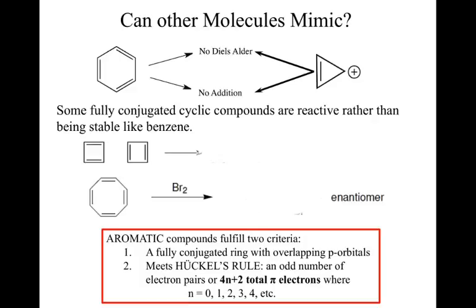So if we go through and look at benzene, how many electron pairs are there in the ring structure, or accessible for resonance? Well, I have 1 pi bond, 2 pi bonds, 3 pi bonds. I have 3 pairs. In the cyclopropenyl cation, I have 1 pair. Well, both 1 and 3 are odd numbers.